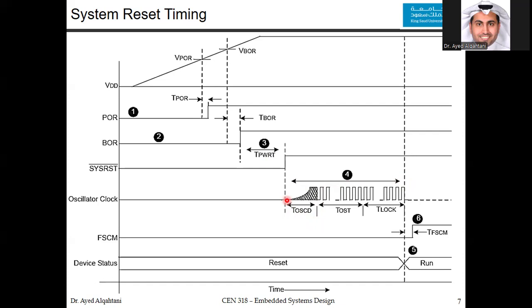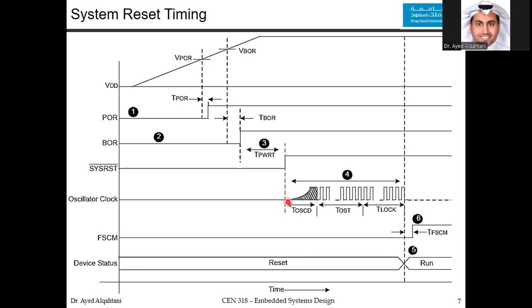Once you pick one of them, whether you are using PLL or not, the oscillator output will show up at the frequency of oscillation, and it would be supplied to both the modules and the CPU of the microcontroller. At that time, when the oscillator just started, it's not even showing up.